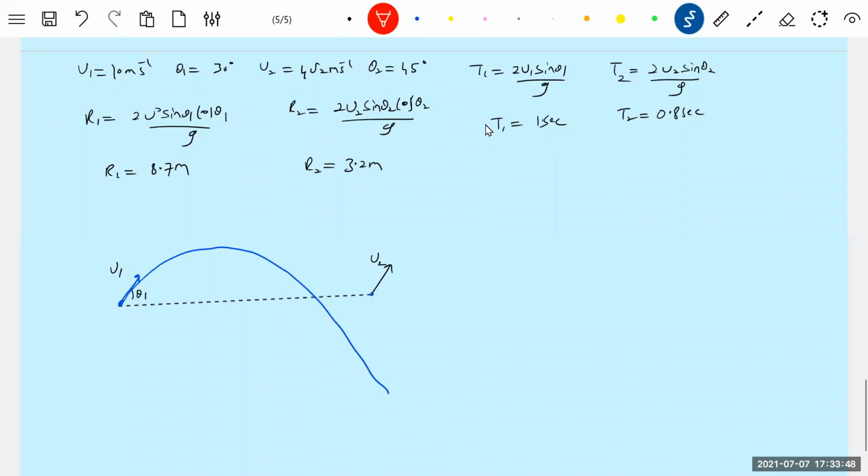First you wrote 2u square, second you wrote 2u2. Okay, this one: U1 square, U2 square. Okay, I messed up the squares. Now, what about the path of this?